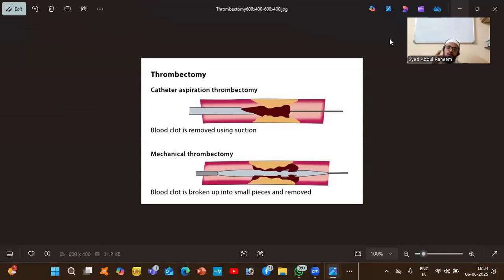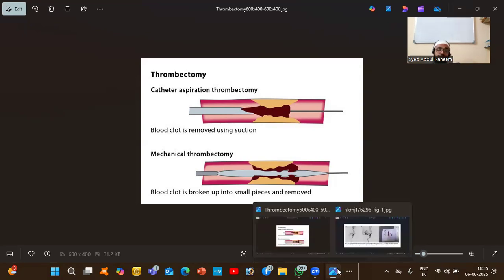Mechanical means it will be broken into small pieces. Here is the catheter, where aspiration is done. The clot breaks into small pieces and is removed. This is mechanical thrombectomy. This call is taken by neurosurgeons or neurologists. I am telling you this for knowledge purposes. There are criteria also, which we are not discussing here.